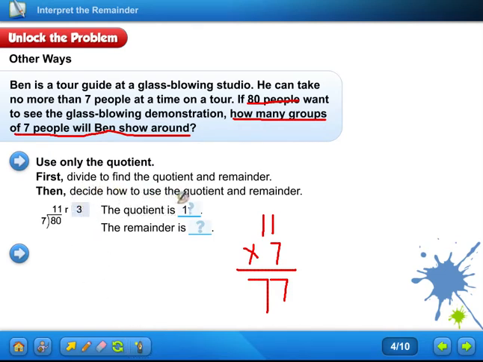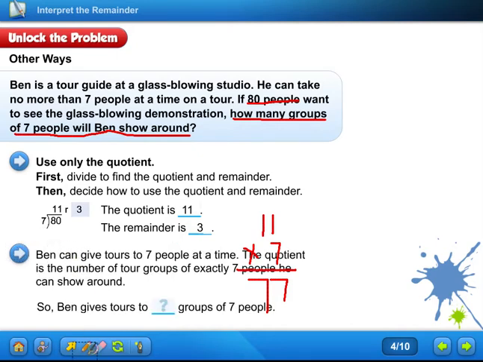The quotient is 11, right there. The remainder is 3. That's how many he will have left over. So he'll take 11 equal groups of 7 people, and then he could maybe take 1 group of 3. Let's erase this part so you can see the next part.